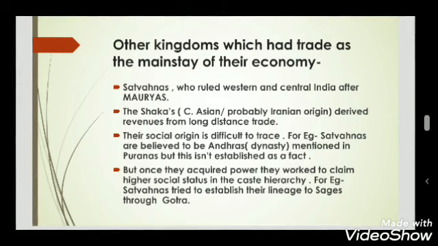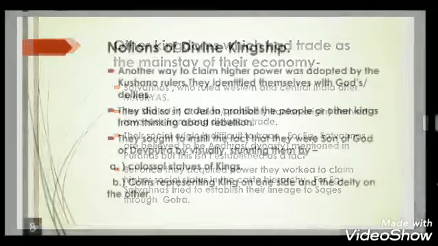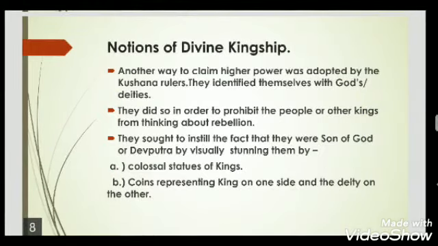They tried to adopt gotras. We will do a little more of this in the next chapter. Don't worry. So one of the ways to claim higher power, used by the Satavahanas, was establishing lineages to the great Vedic sages.